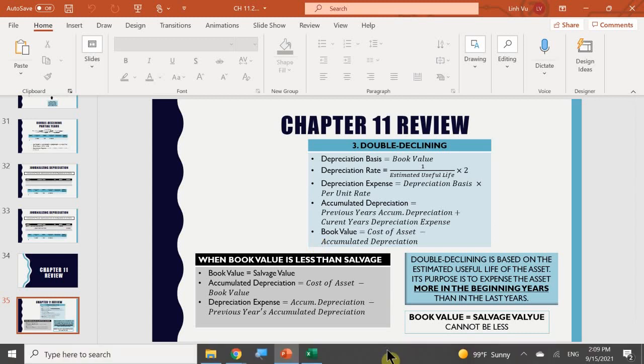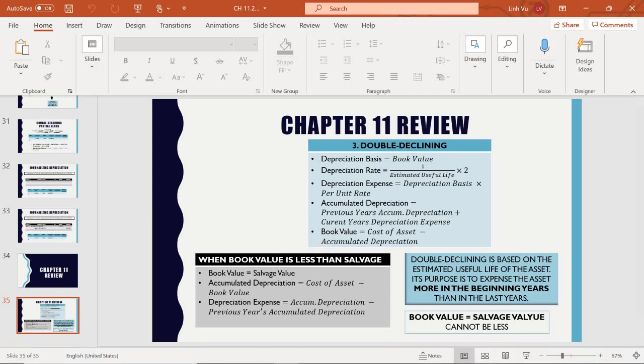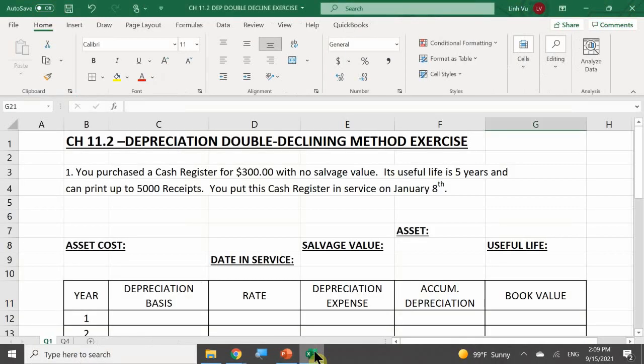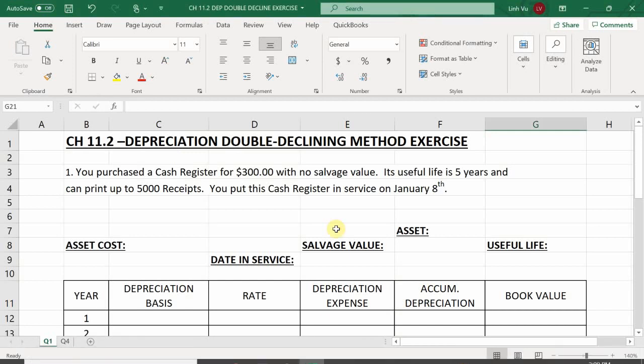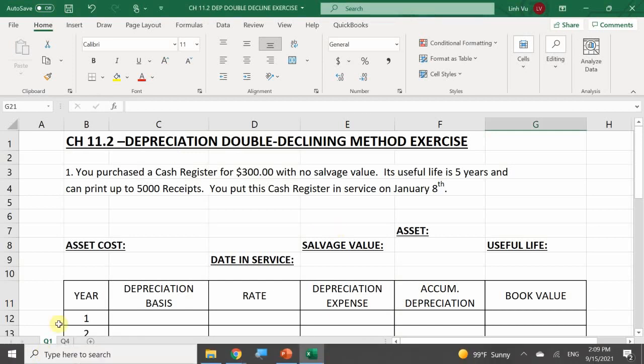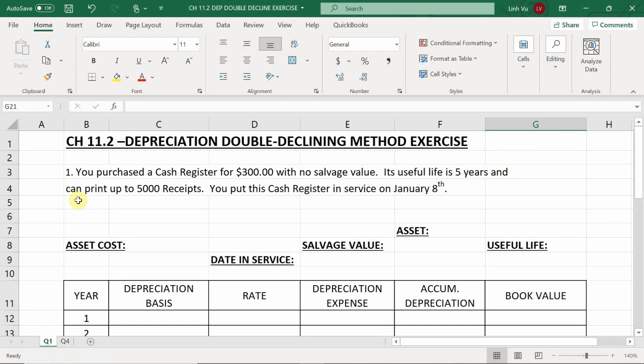So let's take a quick couple minutes to go over the example we have here. Okay, so question number 1. Here's the 11.2 depreciation double declining method exercises. What a mouthful.